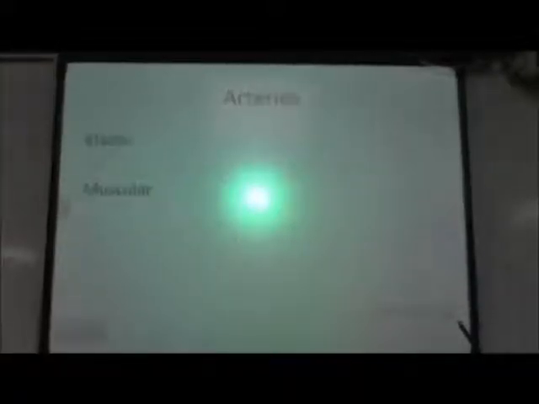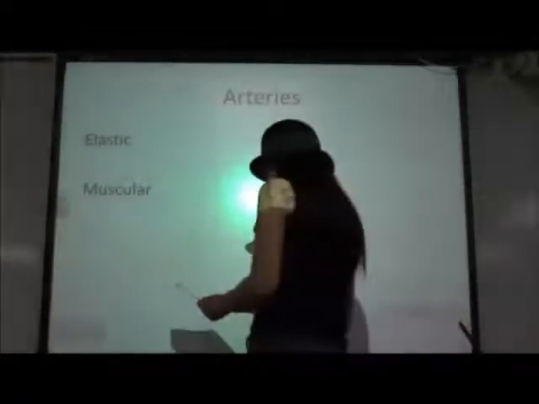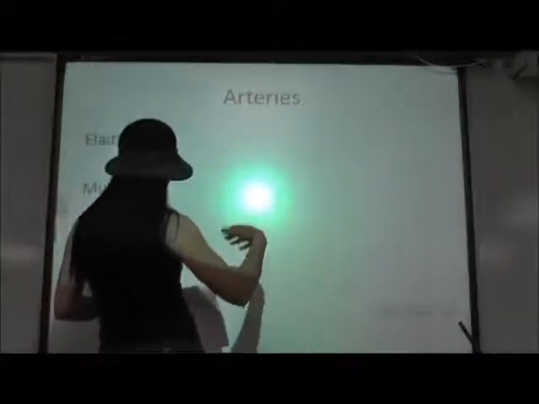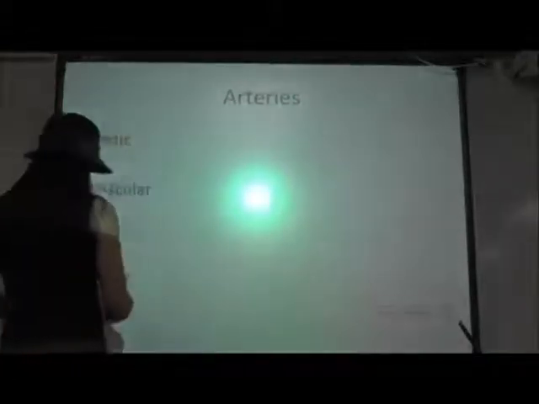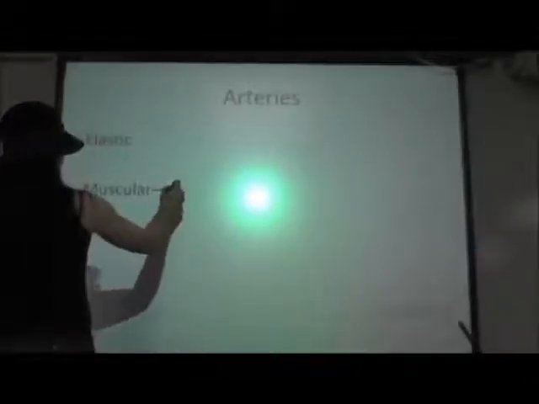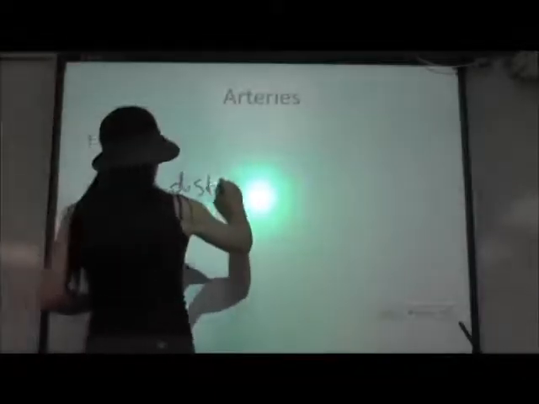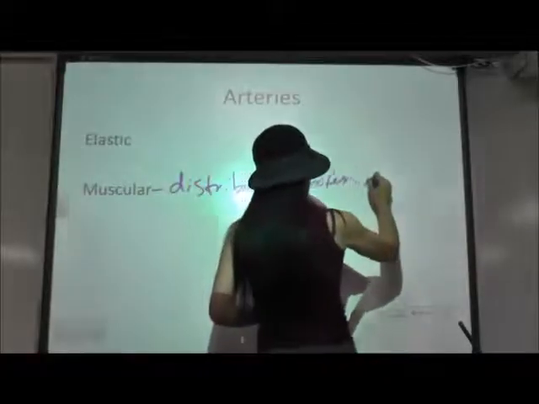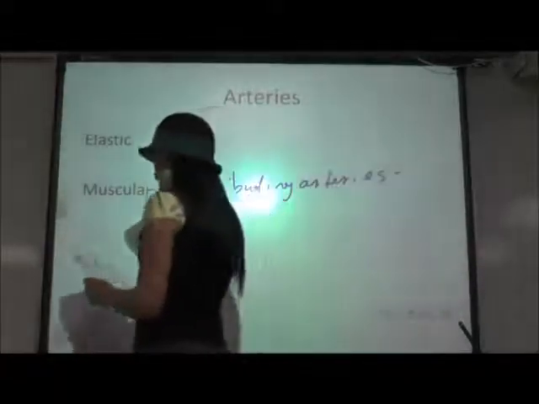The next type of arteries are called muscular arteries. Muscular arteries are also called distributing arteries, and they're distributing our blood to specific body regions. So these are also called distributing, because they distribute our blood to specific body regions.